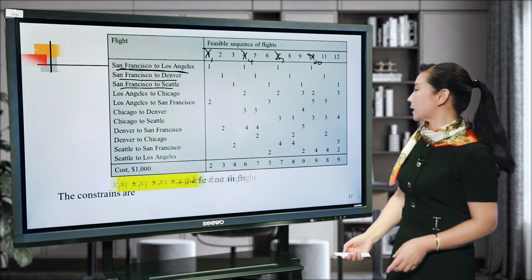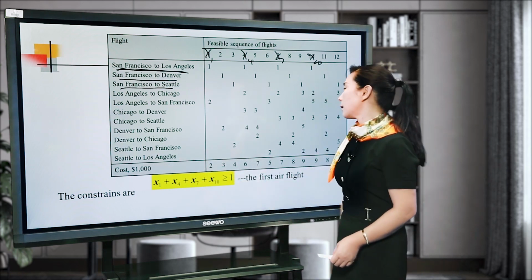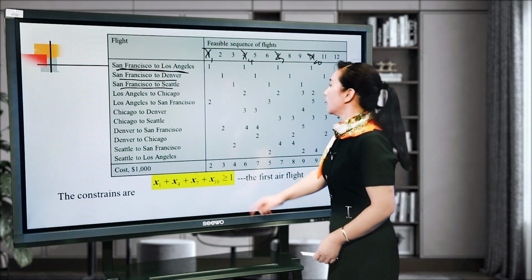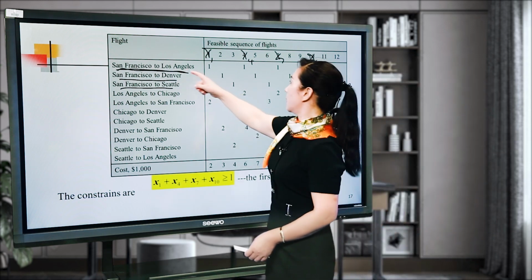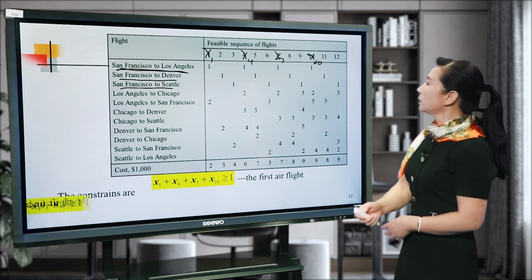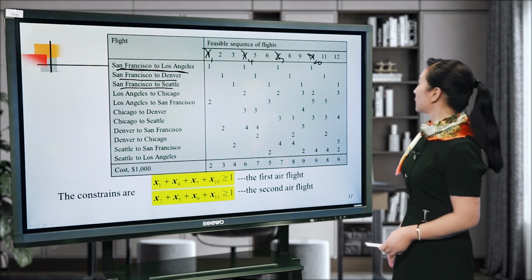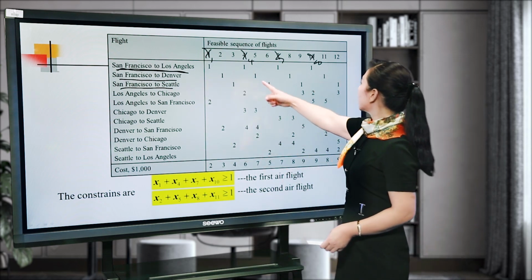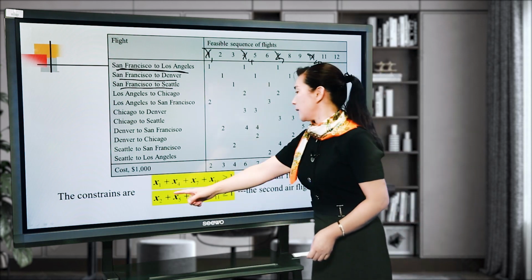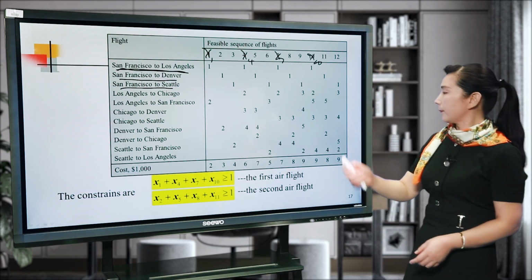So we write x1 plus x4 plus x7 plus x10 greater than or equal to 1, meaning this flight must be covered. And similarly for the second flight. The second flight is x2, x5, x8, x11 and the sum is greater than or equal to 1.